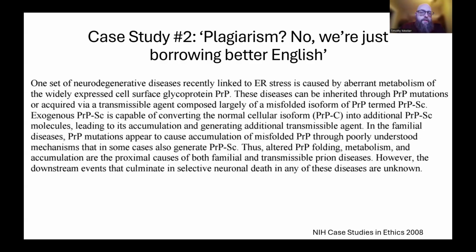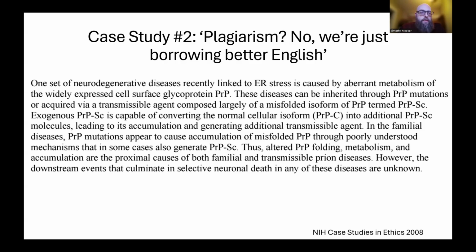Exogenous PRPSC is capable of converting the normal cellular isoform, PRPC, into additional PRPSC, so induced conversion of misfolded protein, leading to its accumulation and generating additional transmissible agent.